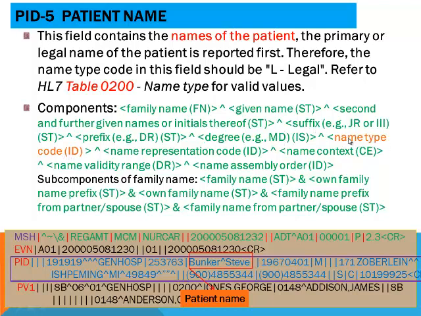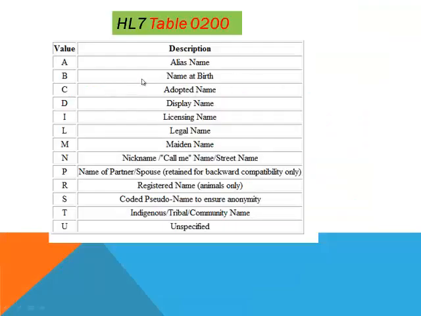The name type code is shown from table 0200. I think I put a table here. So different codes mean different name types.